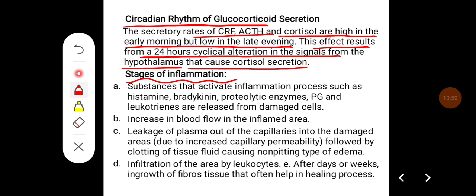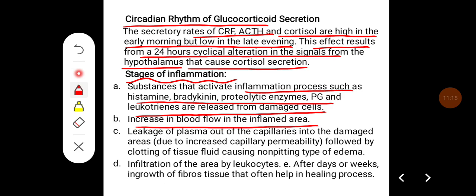Stages of inflammation. Substances that activate the inflammation process, such as histamine, bradykinin, proteolytic enzymes, prostaglandins, and leukotrienes, are released from the damaged cells, and there will be increase in the blood flow in the inflamed area.